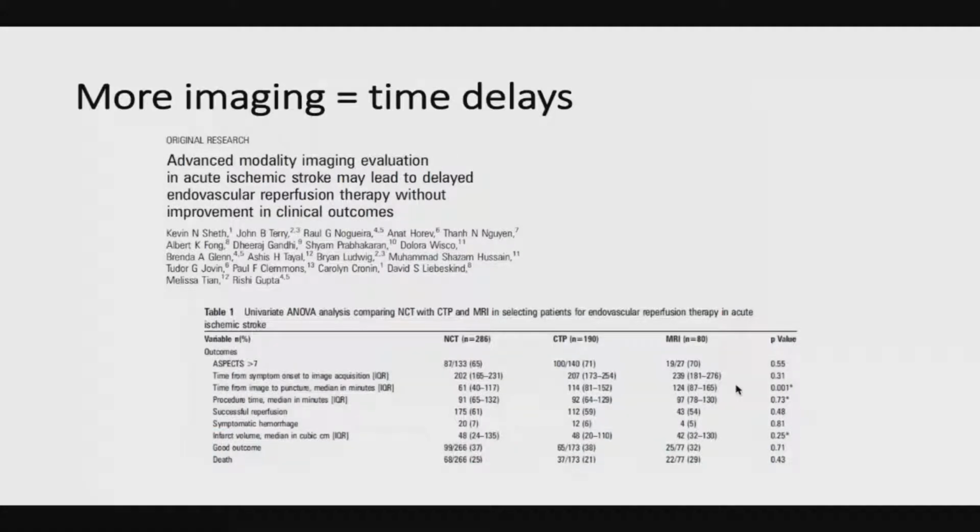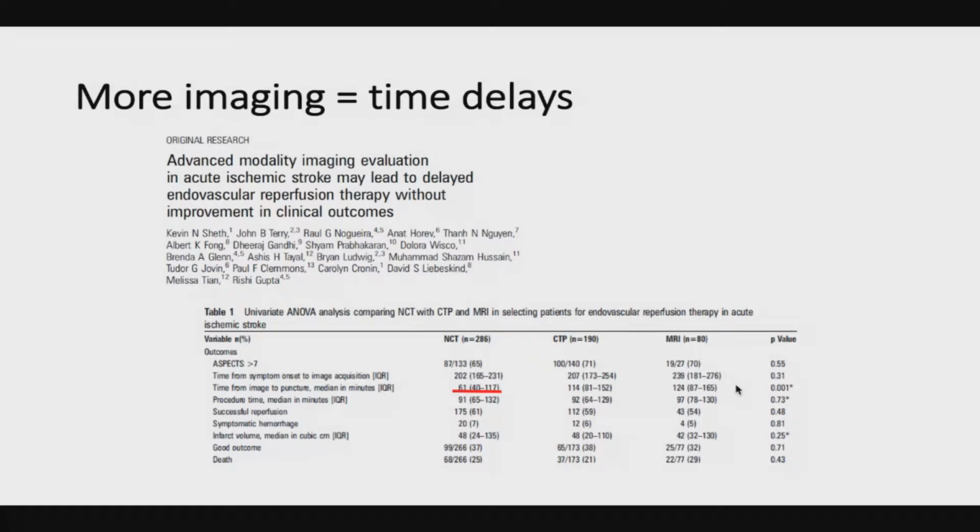Now, this is another paper from Emory. They looked at their patients that had only CT, and they looked at their time from image to puncture. When patients only had a CT, the time from the CT scan to the groin puncture was about 61 minutes.